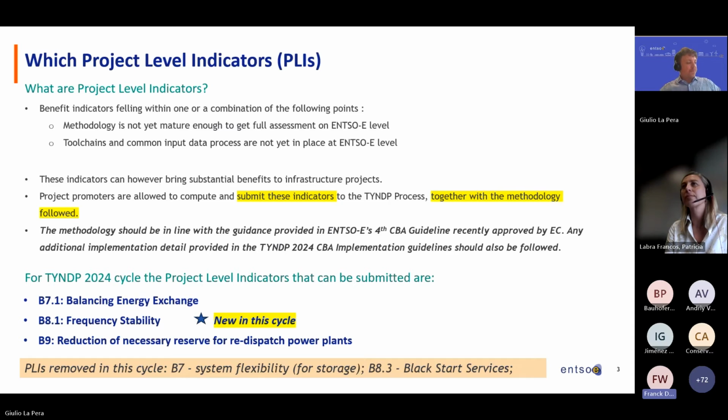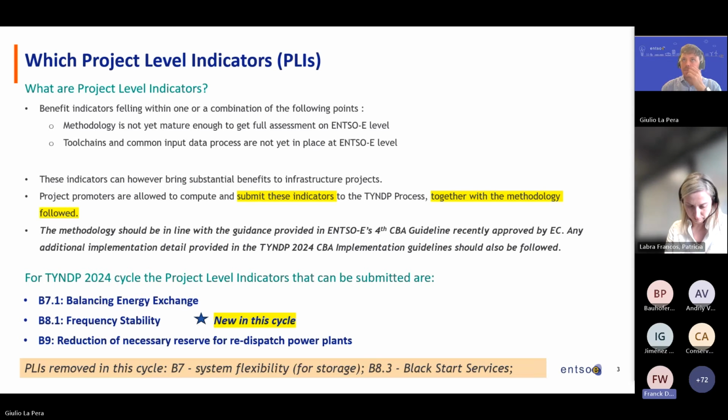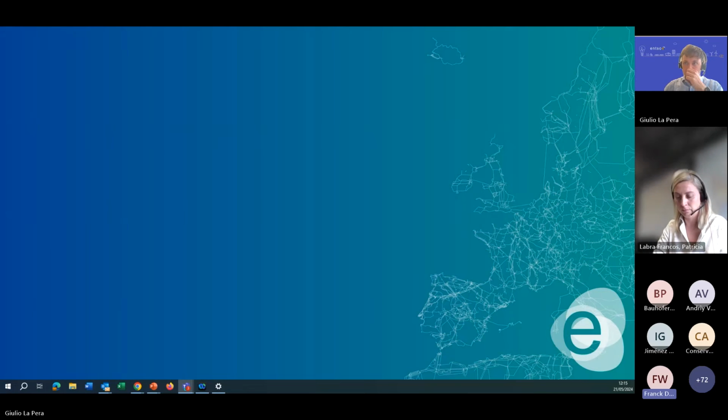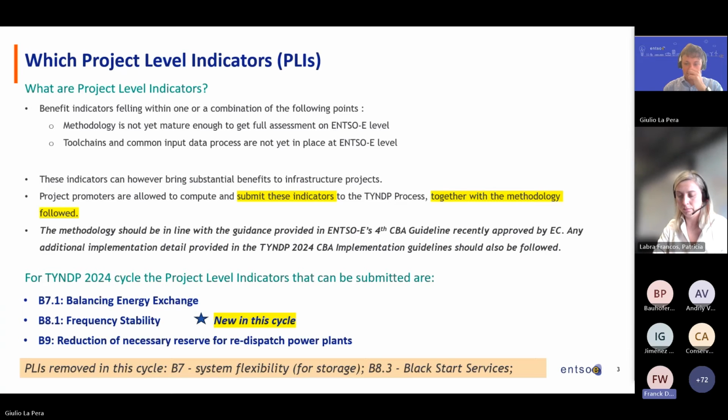So yes, as mentioned by Julia before, you should have received this message enabling you to submit project level indicators for supporting the project states of your project submitted in the TYNDP process. As also outlined by Patricia before, these benefits are general benefits, which are not to be put away if we are able to compute them, but benefits for which at ENTSO-E level we do not yet have a fully mature methodology to get the full assessment of it at ENTSO-E level.